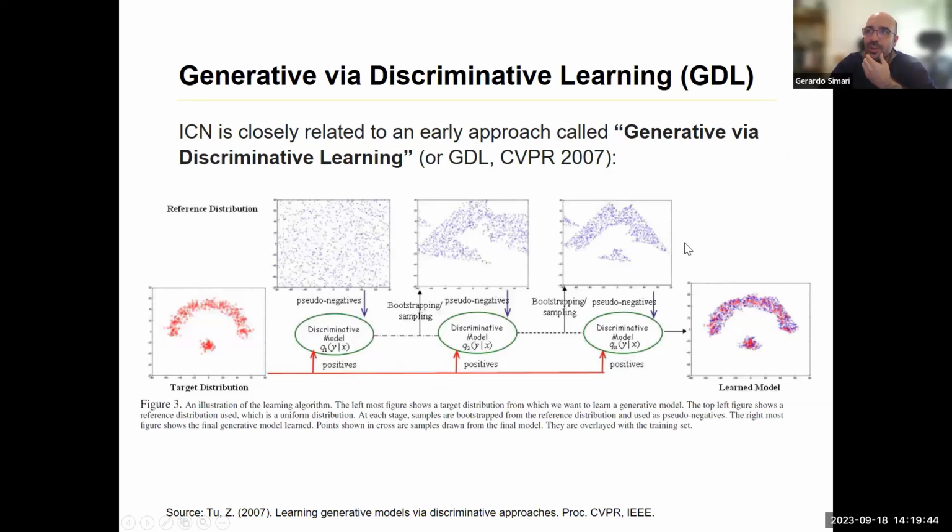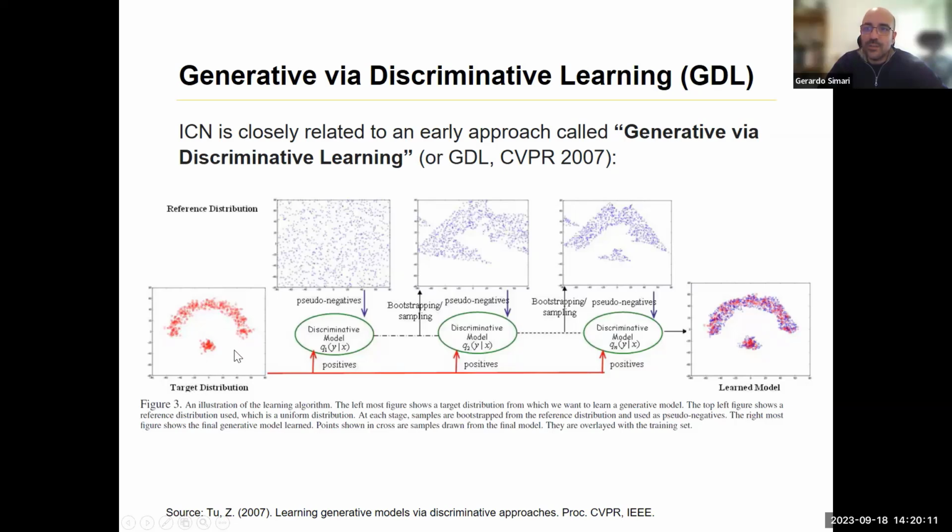So there's a closely related model that the authors themselves say was the inspiration for their model, which is called Generative via Discriminative Learning, or GDL, that is from 2007. And if you look at the general pipeline, it is pretty similar.